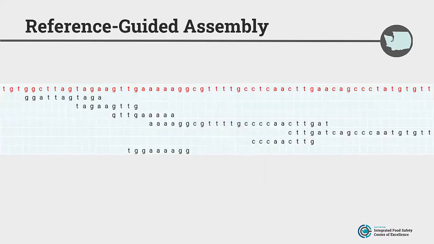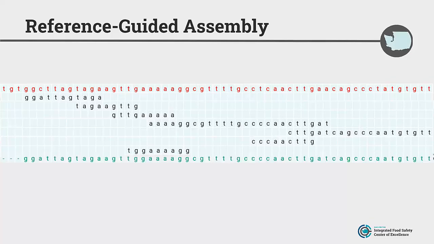So this is an example of reference guided assembly. In red along the top, you see your complete reference genome, and this would be a closely related genome. So you wouldn't use an E. coli if you were sequencing a salmonella. You would pick a closely related organism that you use as your template to match up all of your little reads against the sequencer to where they match up along the genome.